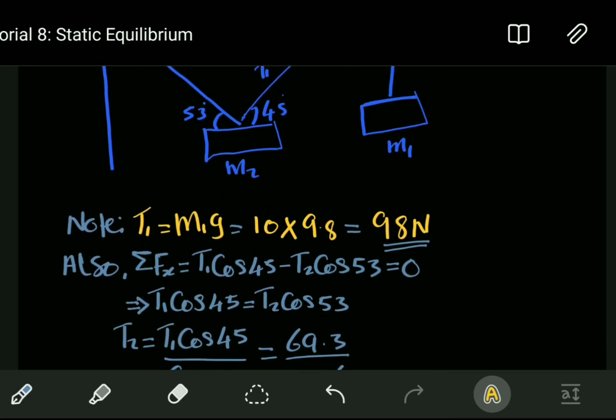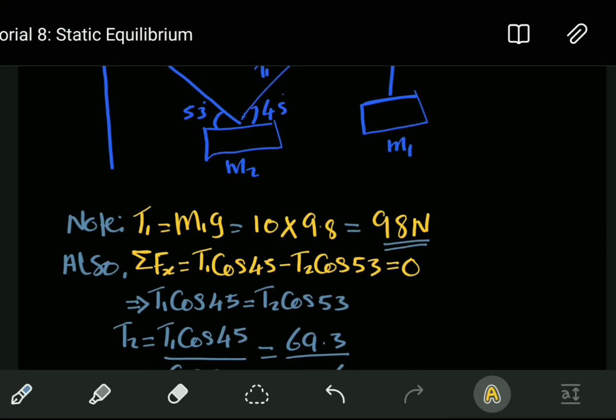The sum of the forces in the x, we consider the x forces. We have the sum of the forces in the x equal to T1 cos 45, because it's making an angle of 45 with the x, minus T2 cos 53 must equal 0. So the sum of the forces in the x must equal 0 for this system.